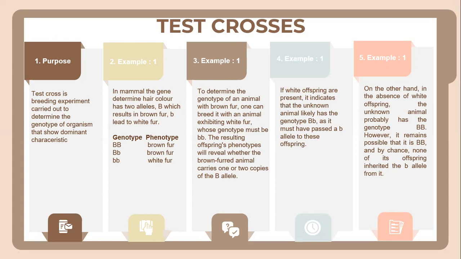If white offspring are present, it indicates that the unknown animal likely has the genotype capital B small b, as it must have passed a small b allele to this offspring. On the other hand, in the absence of white offspring, the unknown animal probably has the genotype capital B capital B. However, it remains possible that it is capital B small b, and by chance, none of its offspring inherited the small b allele from it.